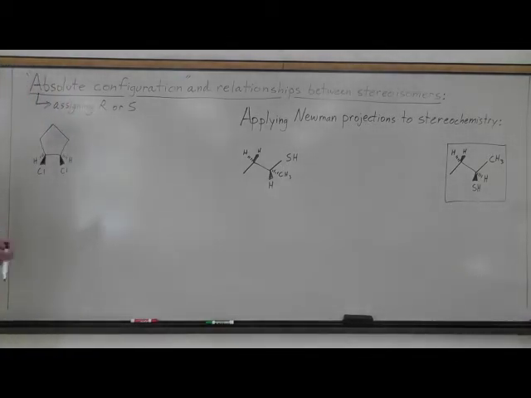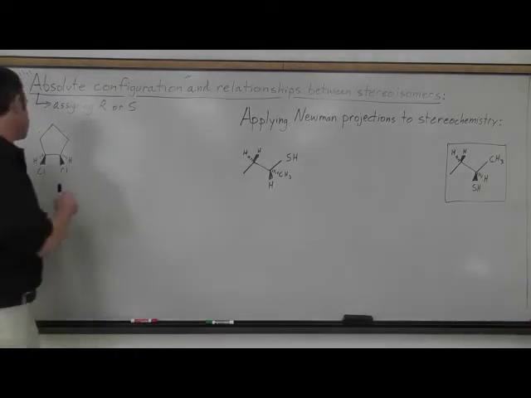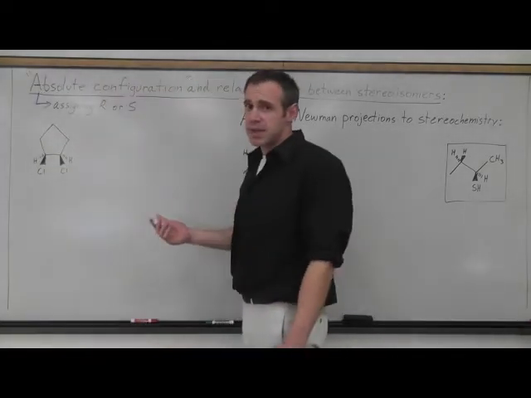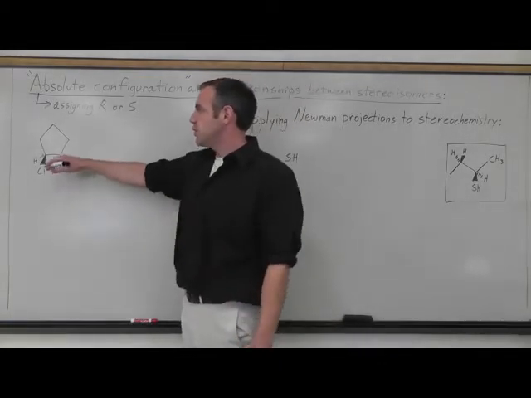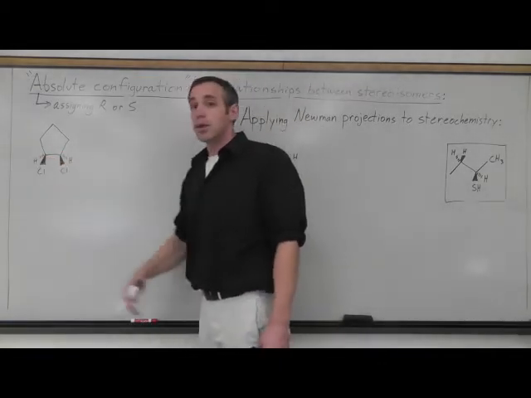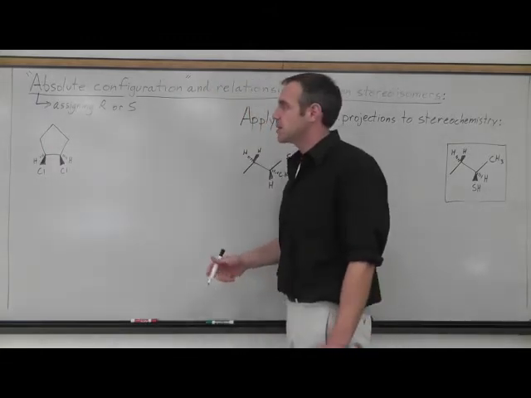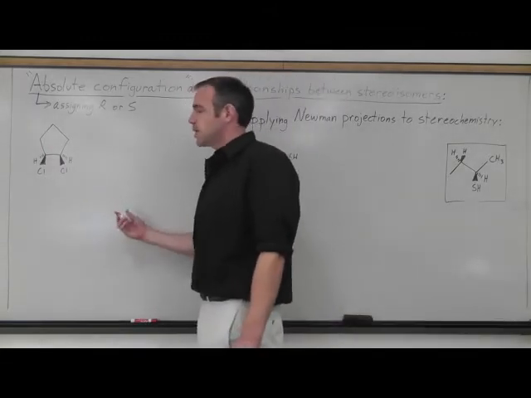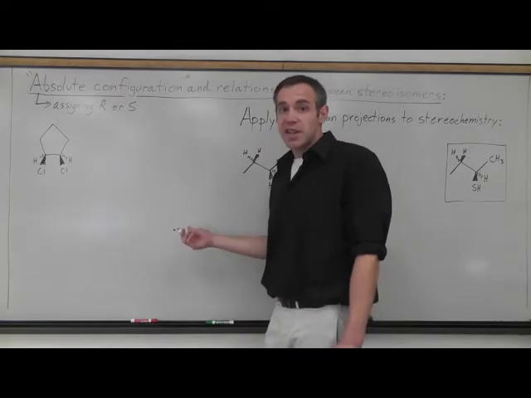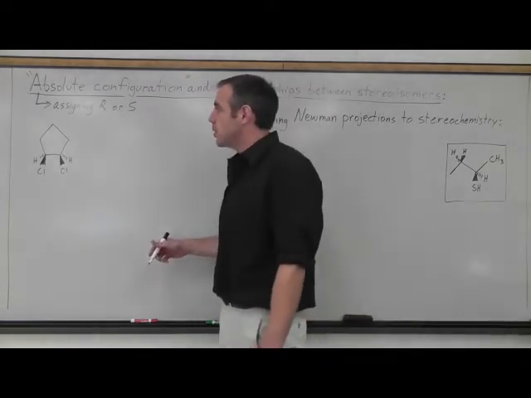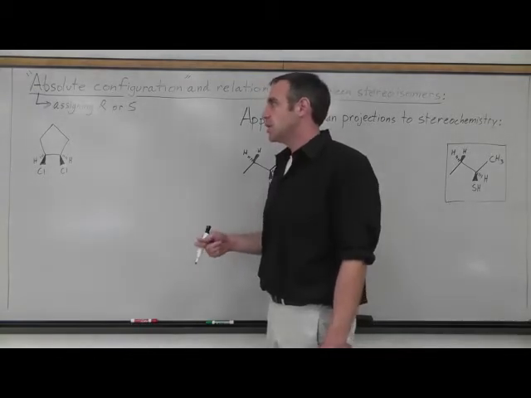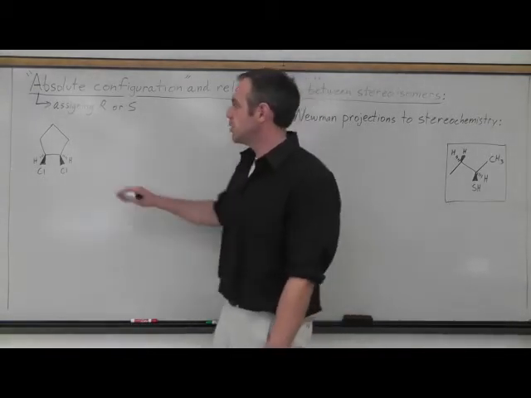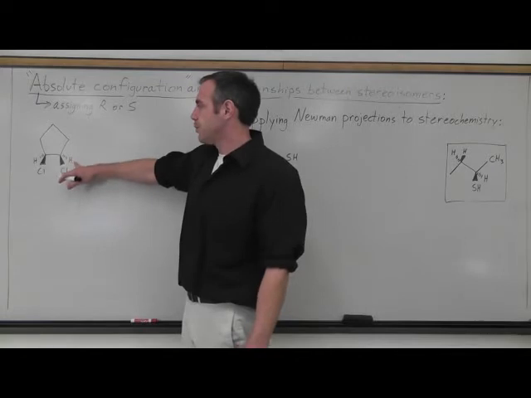The first structure that we have here is a cyclopentane. It's a dichlorocyclopentane. And we can see that we have two stereocenters, or chiral carbons, in this molecule. So the first thing we want to do is go ahead and draw the enantiomer of this molecule. To draw the enantiomer, the easiest way to do it, if you've been working with these molecules, is to simply switch the two groups.